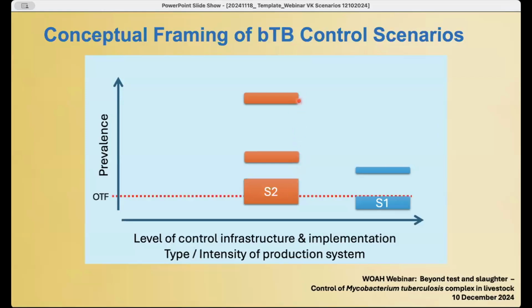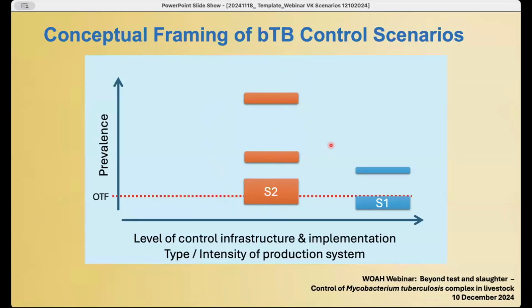But it's really intensification that's driving increase in prevalence, and highly intensified herds in the absence of biosecurity and control will have very, very high prevalence rates, as shown by Dr. Getnet, and as we've explored elsewhere in the world. In fact, historically, it was true in Western Europe and North America prior to control programs being implemented. But a fairly large number of these will actually be pretty low, at least where extensive farming systems still exist.